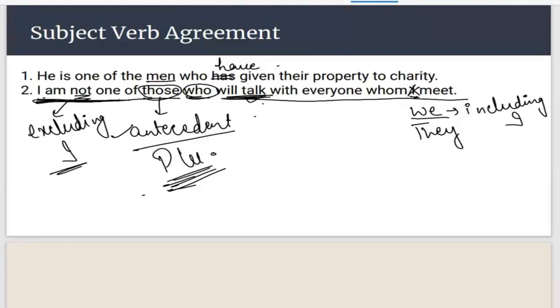Since the person is excluding himself, we cannot use we here. Usage of we will be incorrect, because we means including I, but person is not including himself. So we cannot write we here. So that is the reason we are using they instead of I.